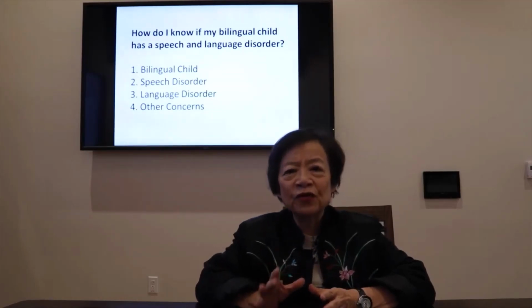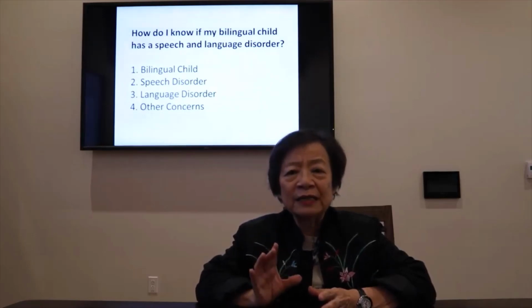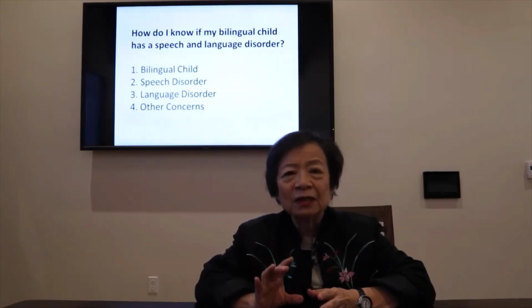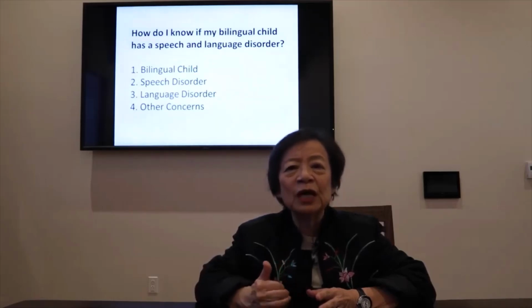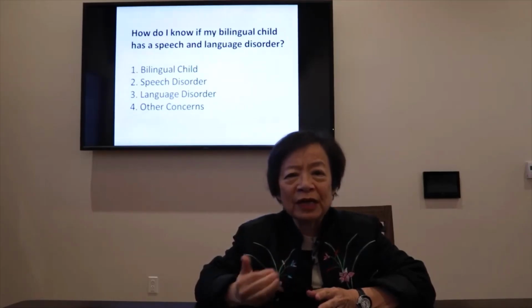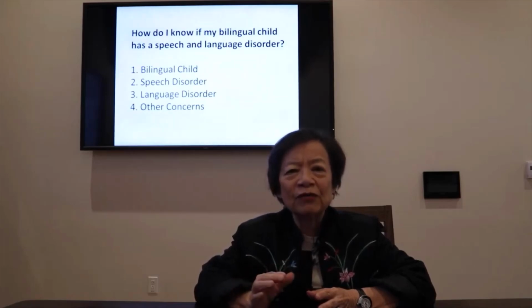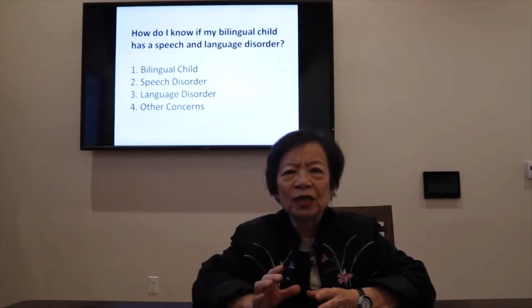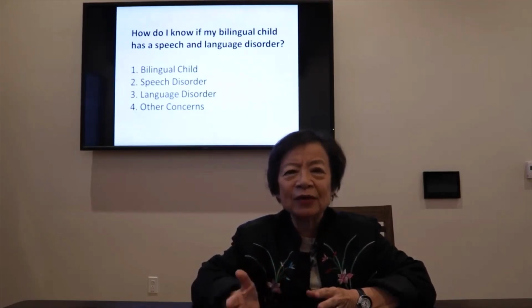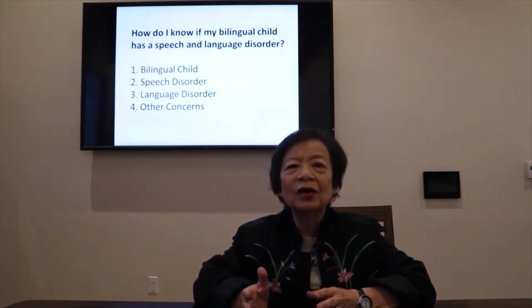I want to give you first an example of a word that has a sound disorder. I'm going to use Chinese, Mandarin, to give you an example. If we're looking for the target word, which is 裤子, which means a pair of pants, and the child says 兔子, which is a rabbit, that would be a speech disorder. That is, the child is using t, tu for k, ku, and it's also called a substitution.